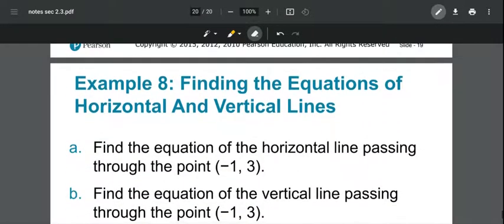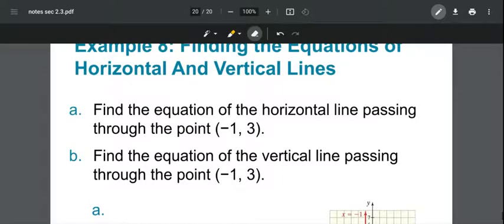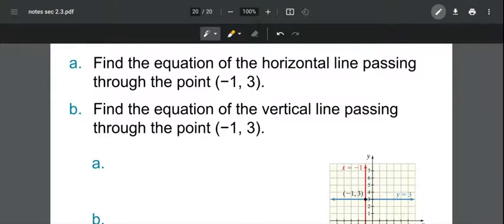And we'll do one example. Find the equation of a horizontal and vertical line. Part A: find the equation of the horizontal line passing through the point -1 comma 3. For a horizontal line, the formula is y equals b.